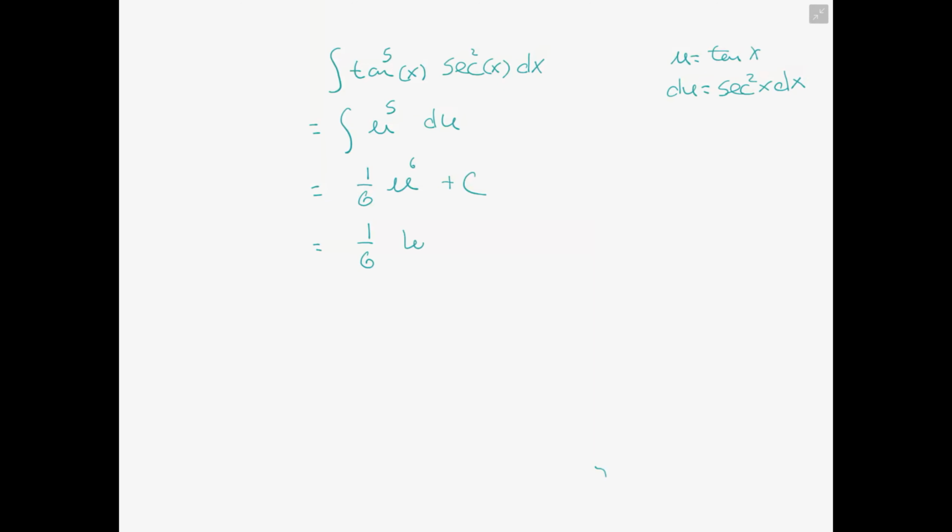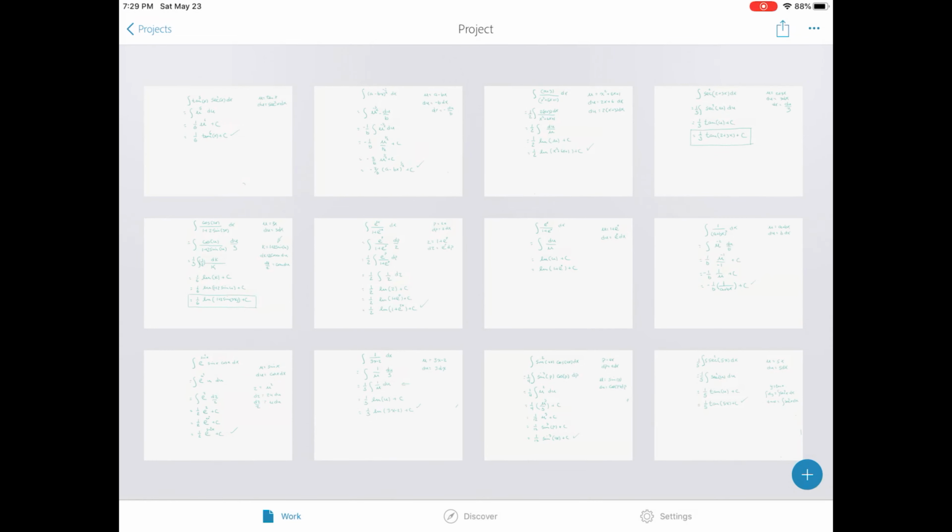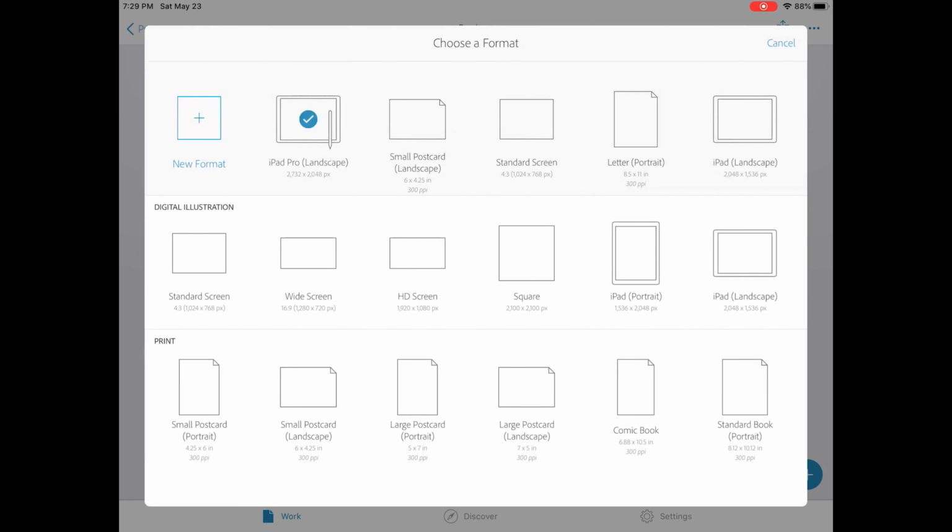And that becomes very simple. That's 1/6 u to the 6th plus c equals 1/6 tangent to the 6th x plus c. And that should be the answer.